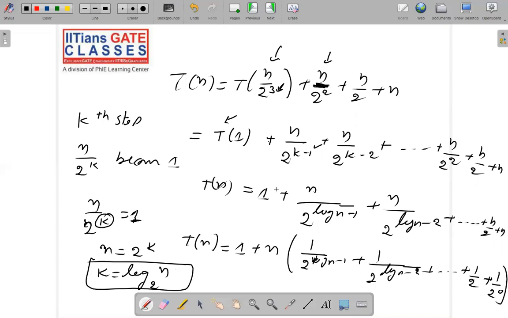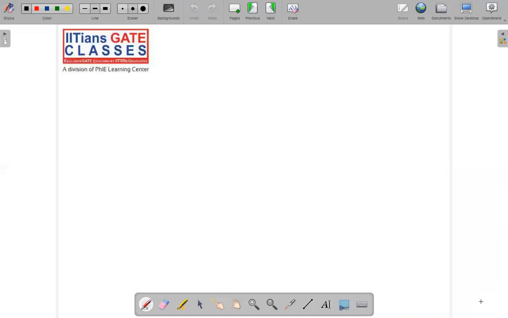Once we take n common and put it outside, we can write it like 1 upon 2 raised to power log n minus 1 plus 1 upon 2 raised to power log n minus 2, till this. So this we need to solve now. If you look at this one, this is a GP only.